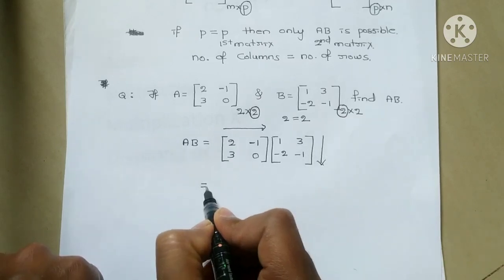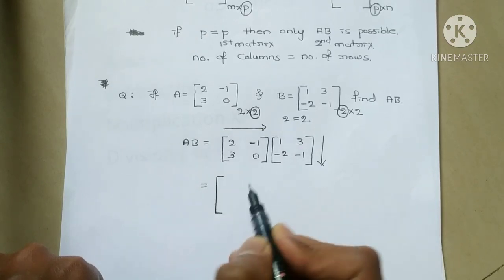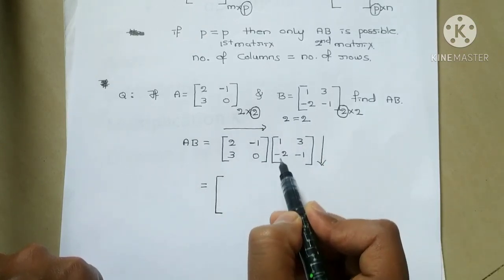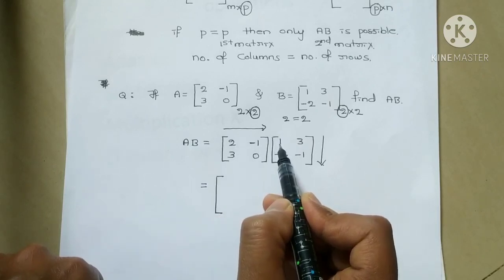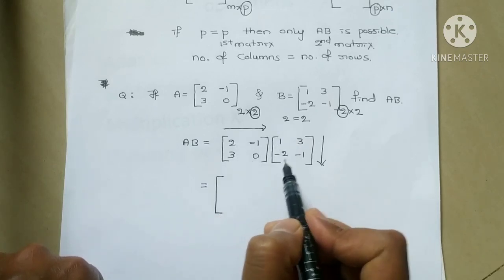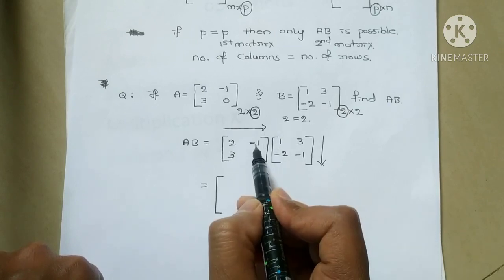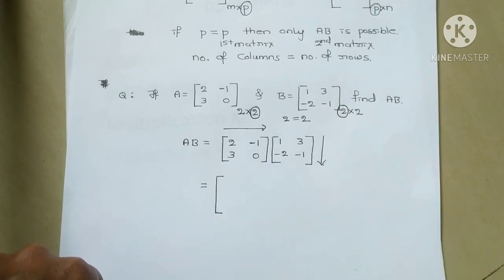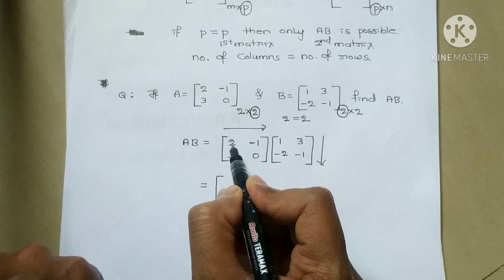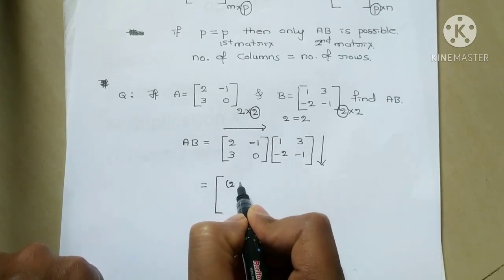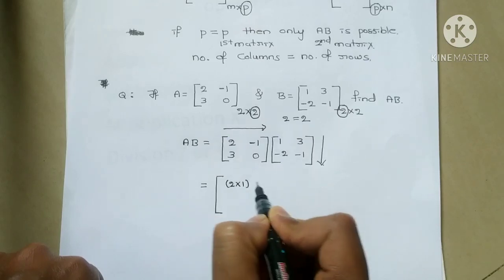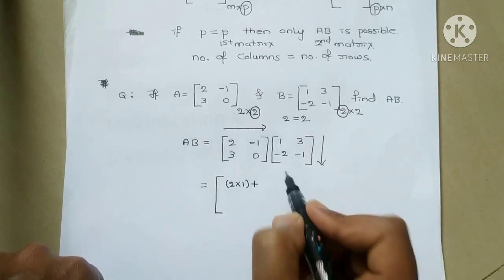So see here. First row you have to multiply with first column. First element with first element, middle always a plus sign will come, then second element with second element. So 2 into 1. For your understanding, I am going to write it in brackets. 2 into 1, middle always plus sign.